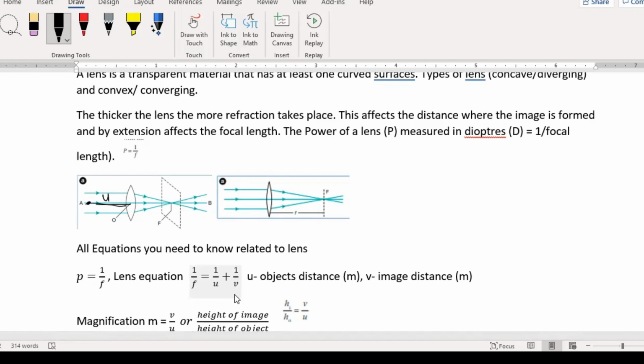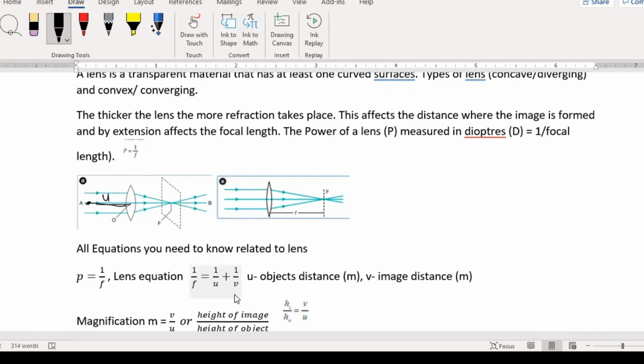Now, depending on the type of lens, we can produce different images. With a converging lens, depending on where the object is located, you can either produce a real image or a virtual image in some cases, and you can also produce an upright image or an inverted image.